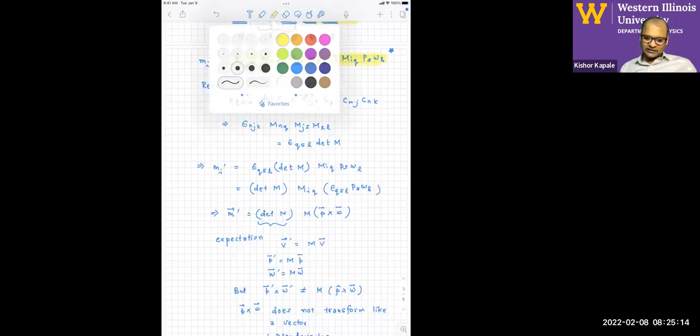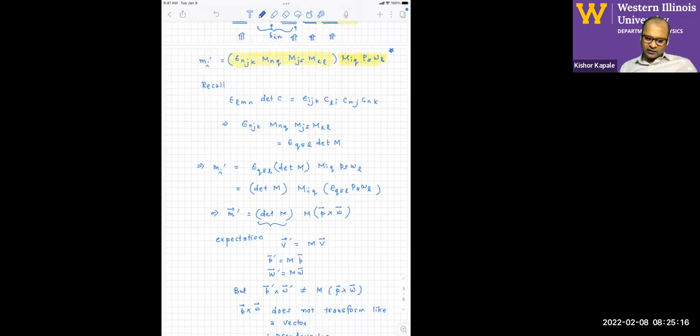Okay, now we need to manipulate this part. For that, you can recall some of the discussion from section 1.4 in the book, where the determinant of a matrix, some matrix C multiplied by epsilon LMN, can be written down as Levi-Civita epsilon ijk CLI or IL, it does not matter whether you do row major expansion or column major expansion.